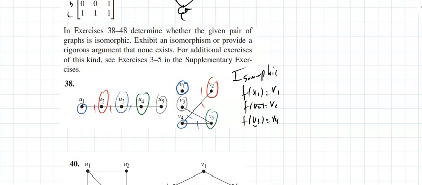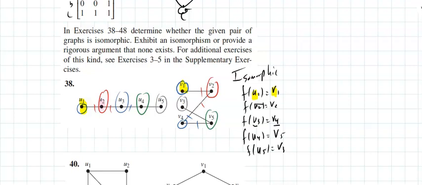Notice this is U3, this is V4. And f of U4 is really the same as V5. And f of U5 is really V3. So this to this.